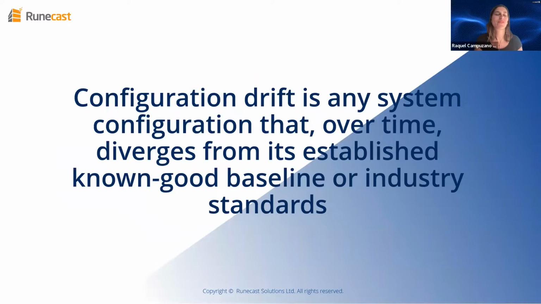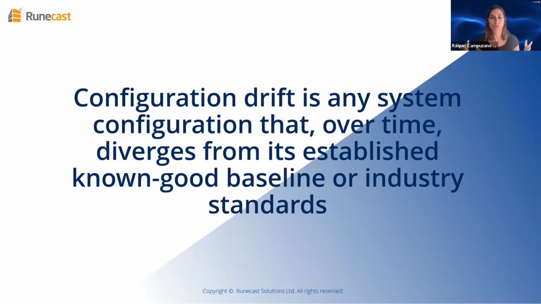Next slide. How can we define configuration drift? This is a very basic and short definition: configuration drift is any system configuration that over time diverges from its established baseline or industry standards. Why does this happen?